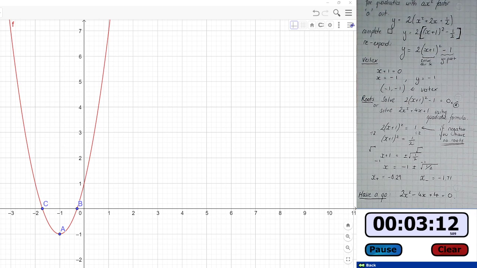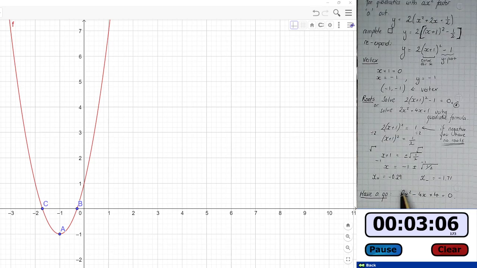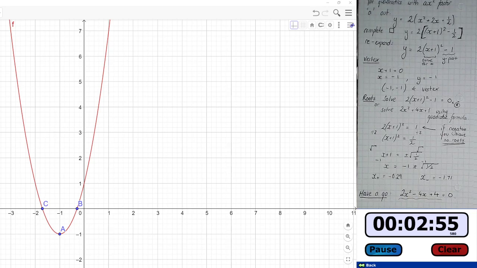Oh yeah, it is still y is equal to, okay? So the bit that we really need to focus on is this bit here. Our quadratic could say y equals 2x squared minus 4x plus 4, or it could say 2x squared minus 4x plus 4 is equal to 0.